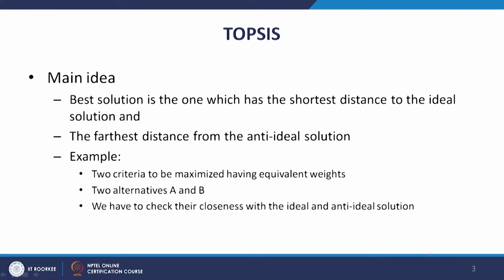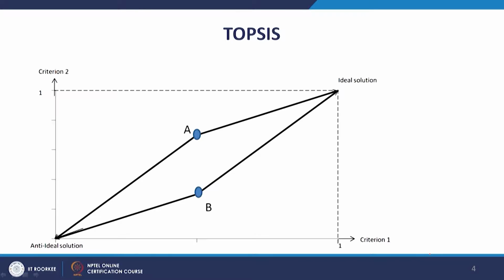If we describe this example through a graphic, you can see here we have two criteria, one along the x axis, criterion 1, and the other along the y axis, criterion 2. Given these two criteria, we have two alternatives: alternative A and alternative B.